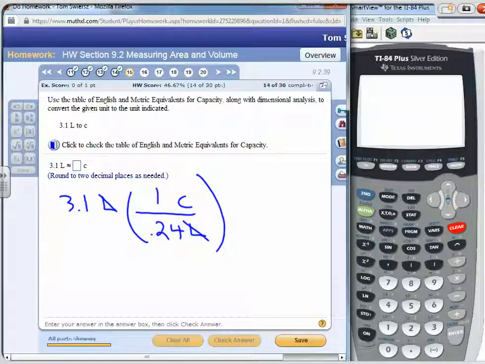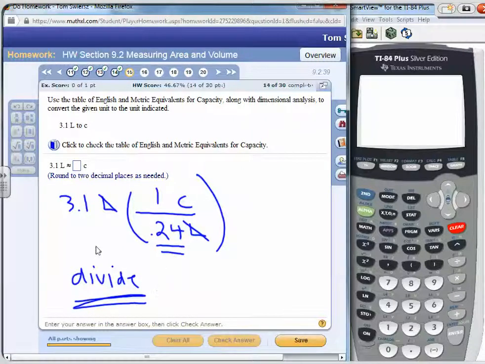Notice the 0.24 is in the denominator. So even though it's a number less than 1, we're going to divide because it's in the denominator. So 3.1 divided by 0.24, and that will give us the number of cups. And again, the conversion was from the table: for every 1 cup is equal to 0.24 liters.